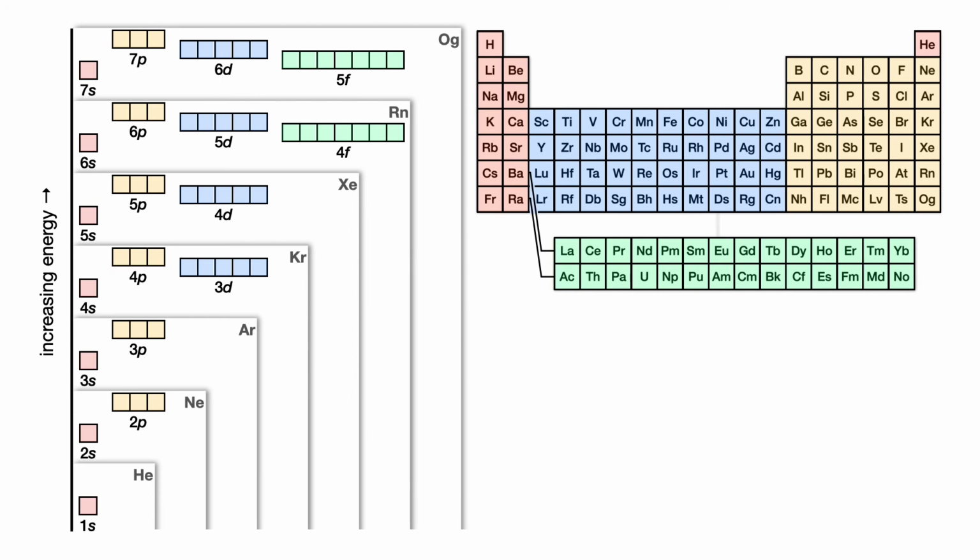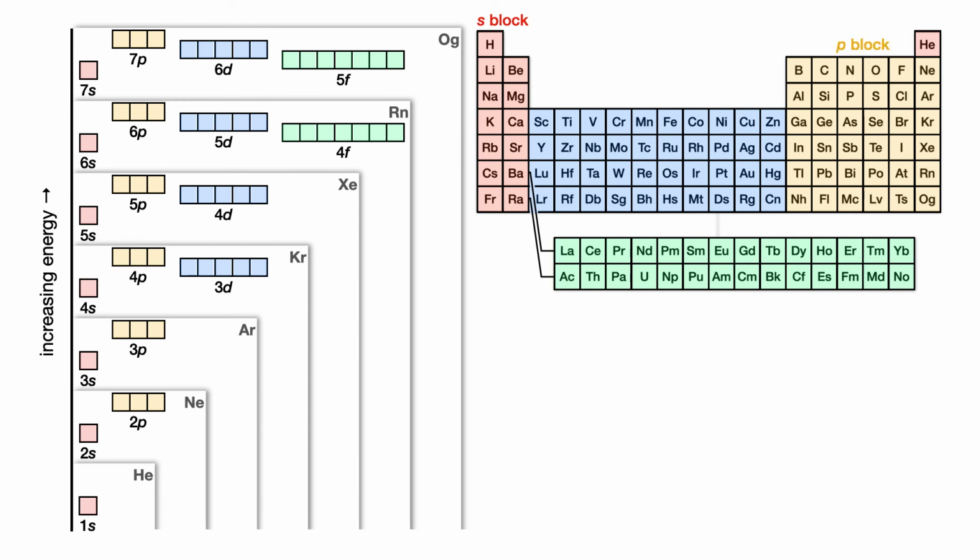And so the different parts of the periodic table involve valence electrons in the different sublevels. And so the alkali metals and the alkaline earth metals all belong to the s block of the periodic table. Their outermost electrons are in an s orbital, and then the other main group elements are located in the p block.